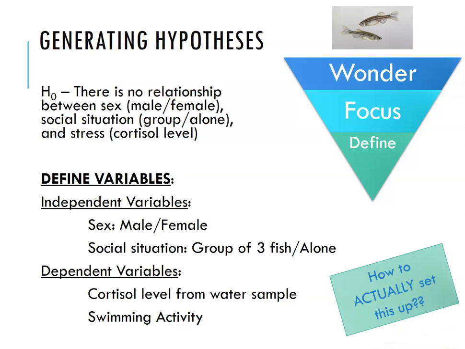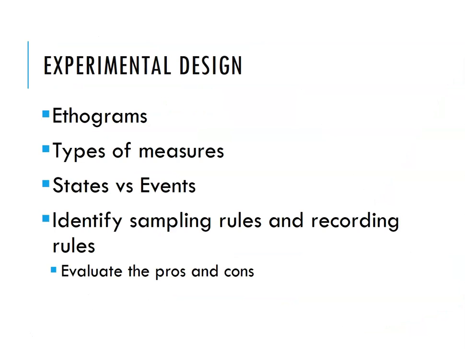And I mentioned last time that we'd really get into how to set this up now that we define our variables, because the variables give us a clue as to the measurements that we're going to have to determine.